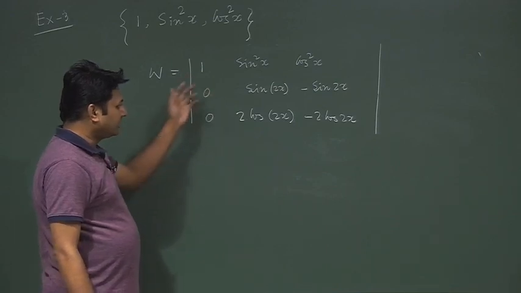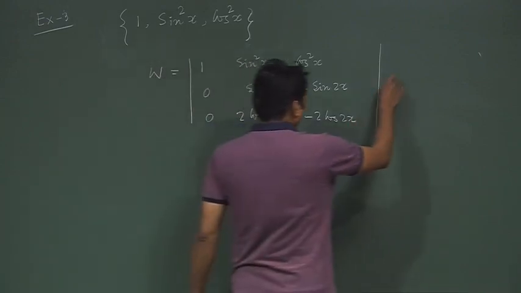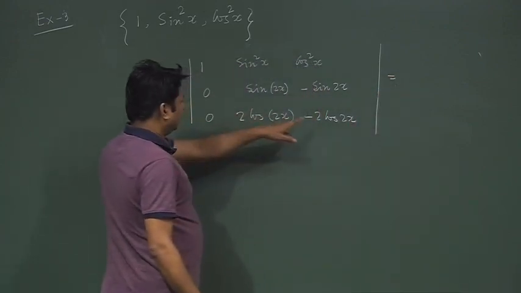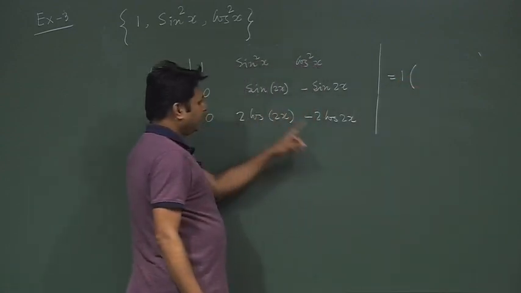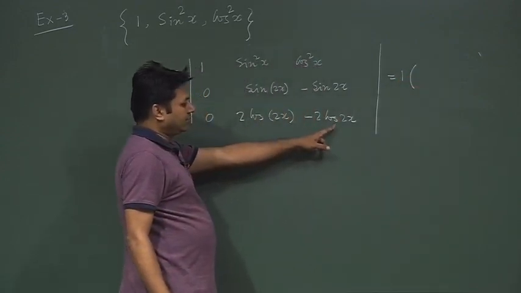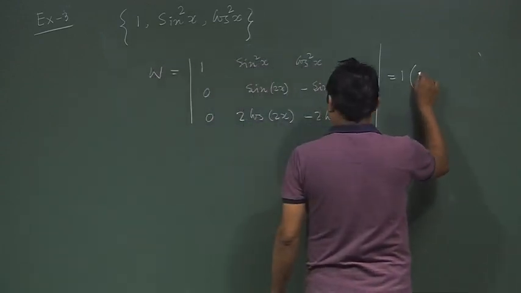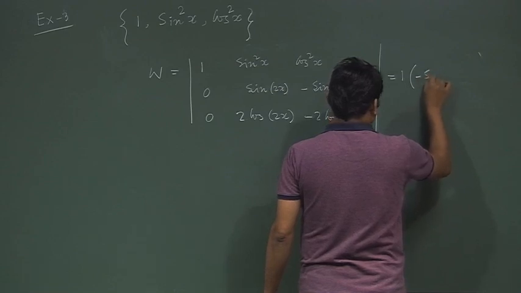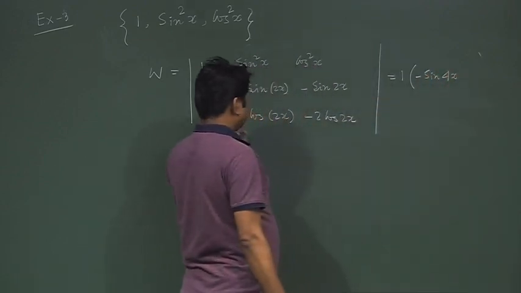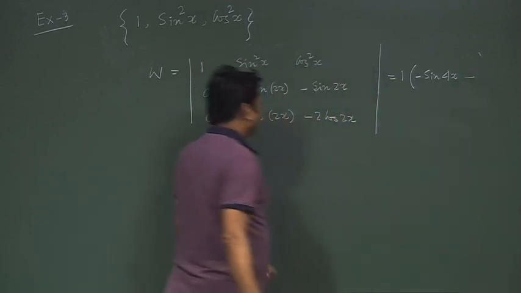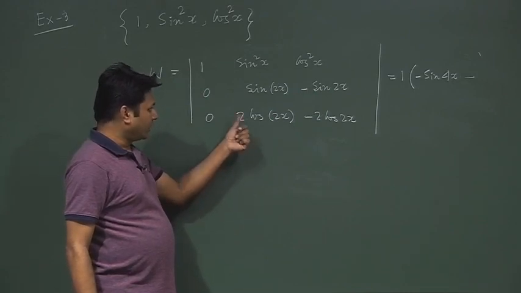Now, if I calculate the Wronskian, I can have something like this. It will be 1, and then the first term will be sin 2x multiplied by cos 2x with 2, so it will be minus of sin 4x or something like that. Then minus the same quantity, but now with a plus sign.